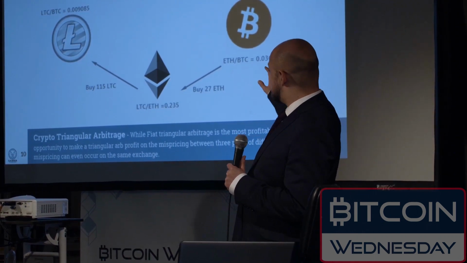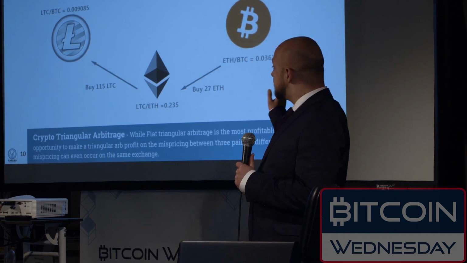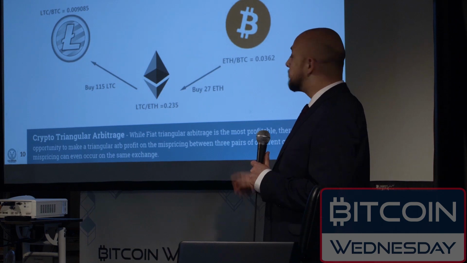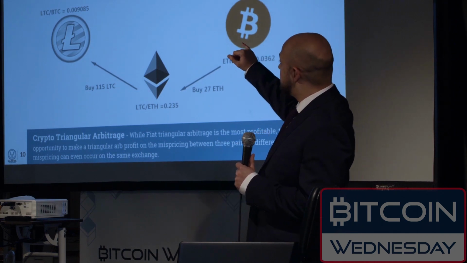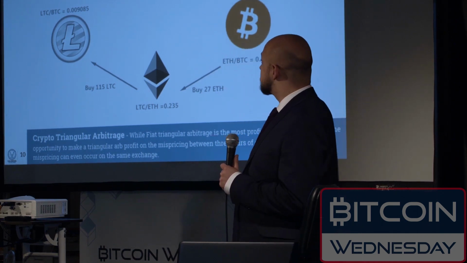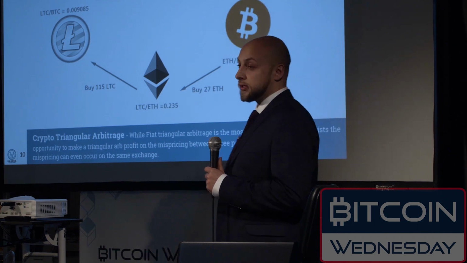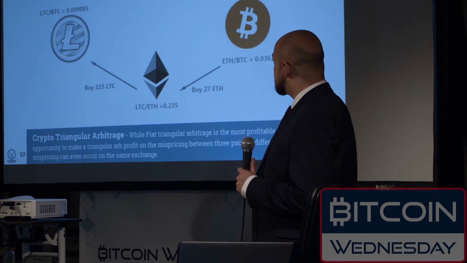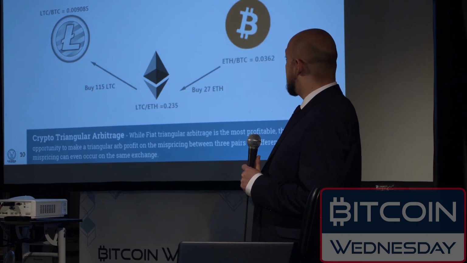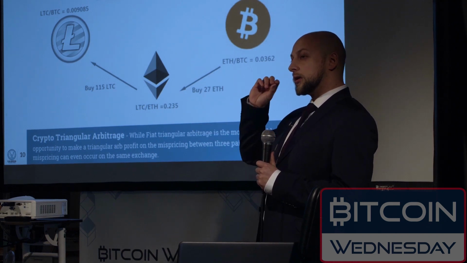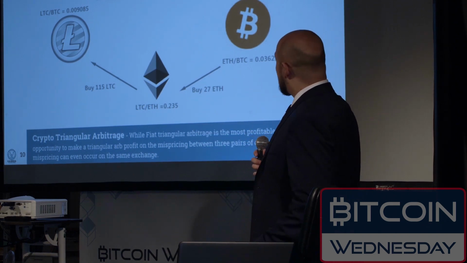We can exchange it for ETH, then this ETH for Litecoin, and back to Bitcoin, and we have our profit. In this example, it's almost $300. And this is the same situation as we had with these sellers who had pears, carrots, and apples.